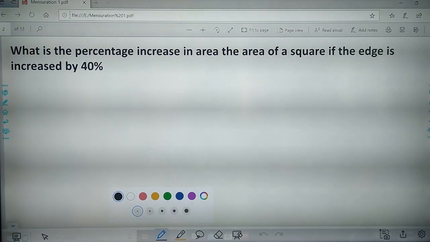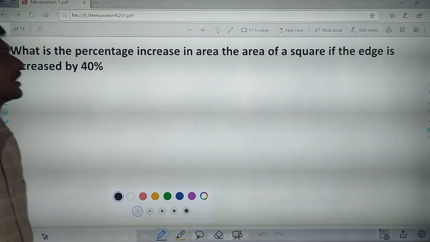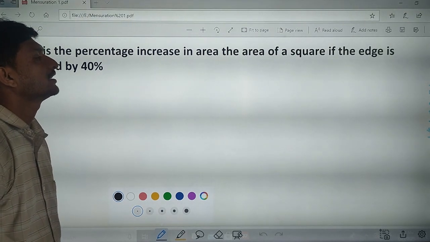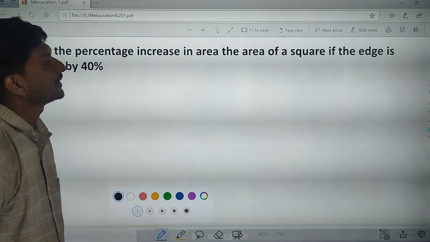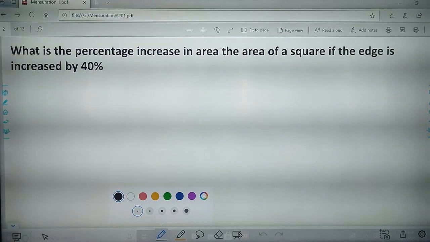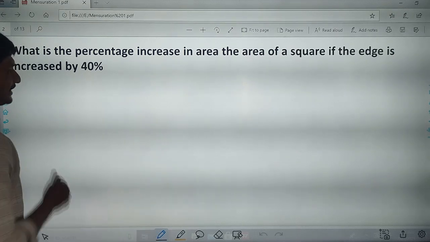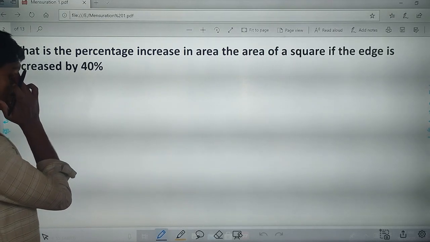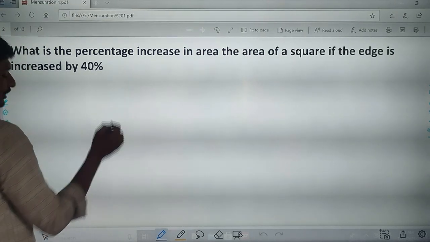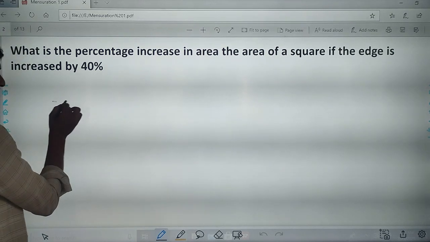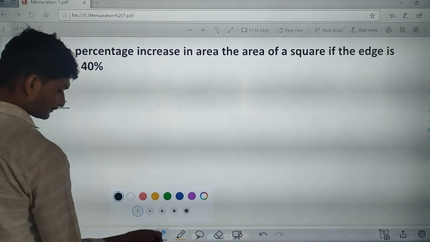Here, what is the percentage increase in the area of a square if the edge is increased by 40%? Here the edge is increased by 40%. Now the total increased area is calculated by a formula.